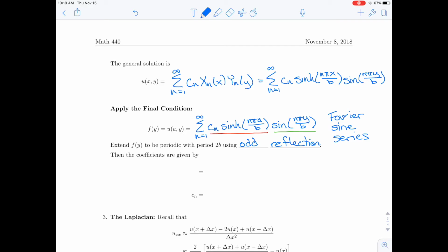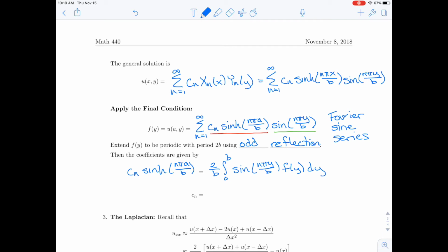That means that c sub n times the sinh of n pi a over b has to equal 2 over b times the integral from 0 to b of sine of n pi y over b times f of y dy.